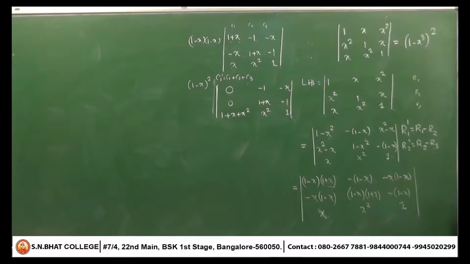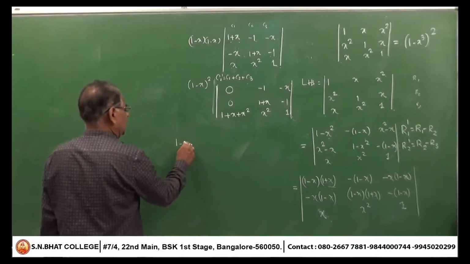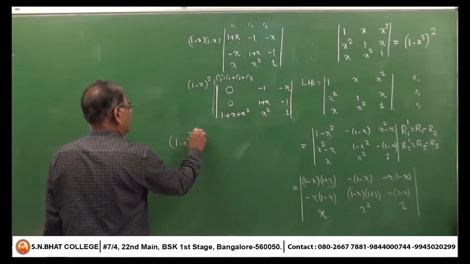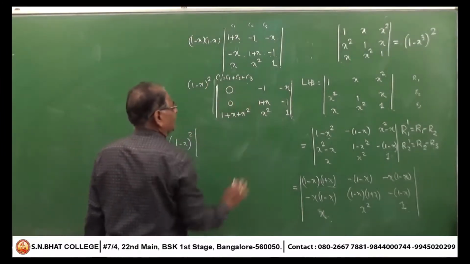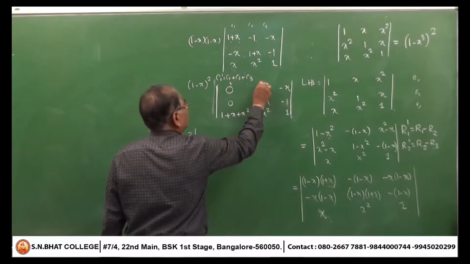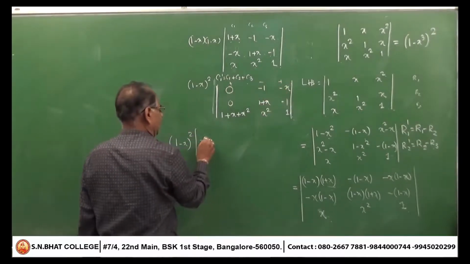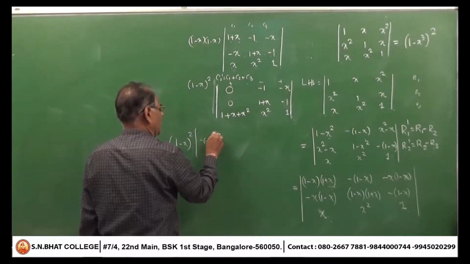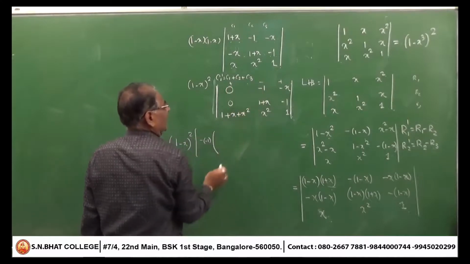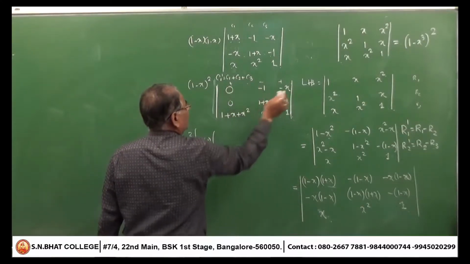Since you got two zeros, you can expand the determinant. This is 1 minus x whole square into 0, multiplied by anything is 0, plus minus plus. Minus of minus 1 into, leave this row, this column.